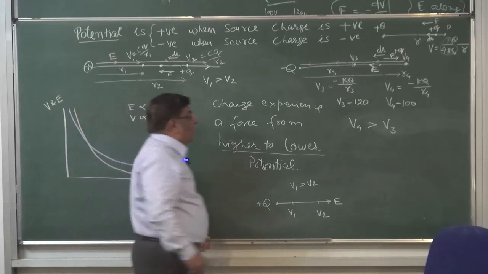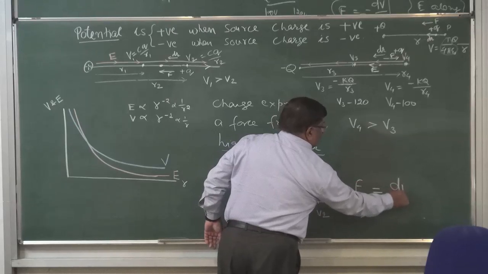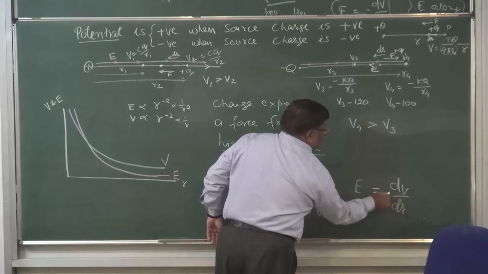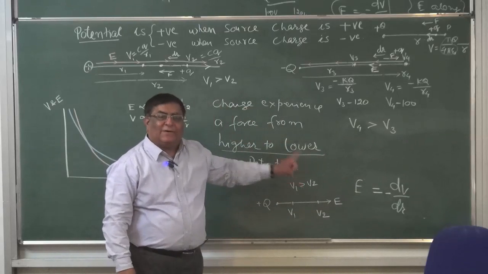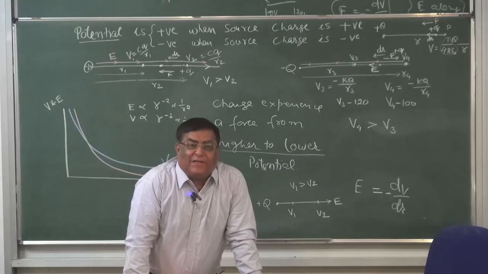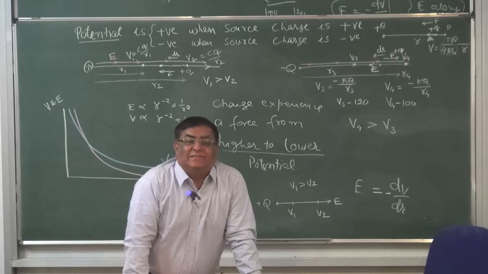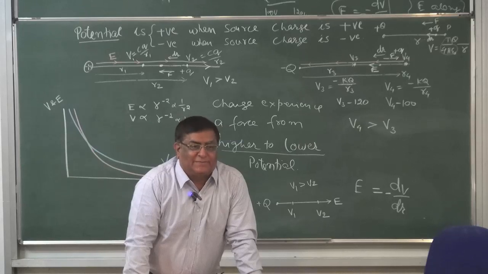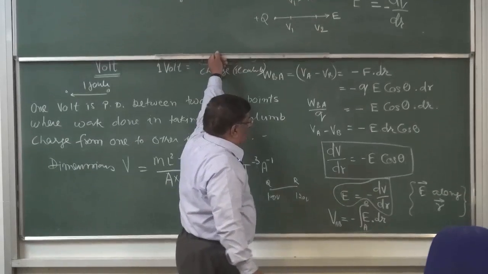Therefore, if we want to make an equal, what should we put here? Understand? What does this minus say? Yes, V increases in the opposite direction of E. That is the significance of this minus. So you should remember this, and let's write it also here.